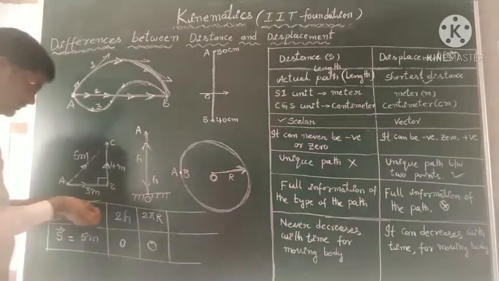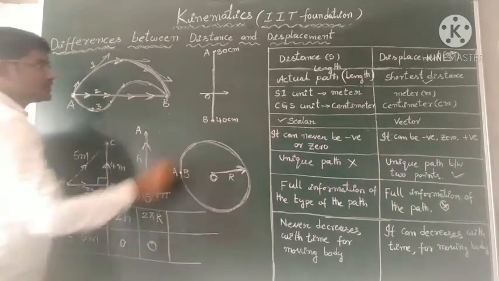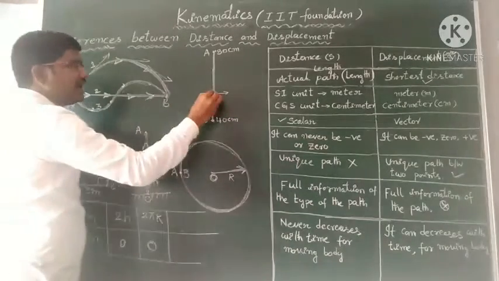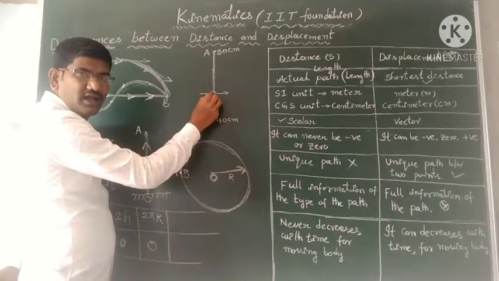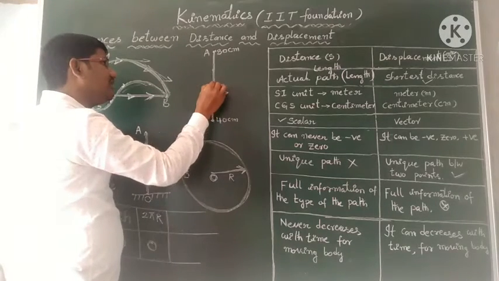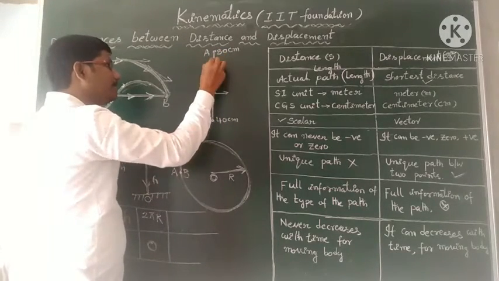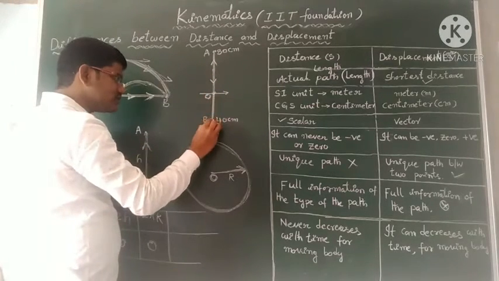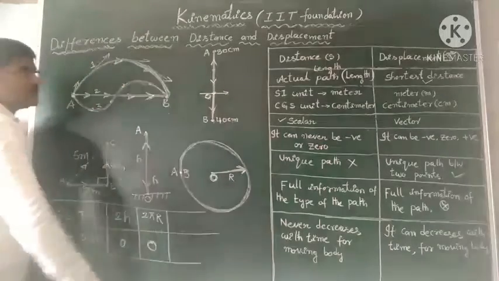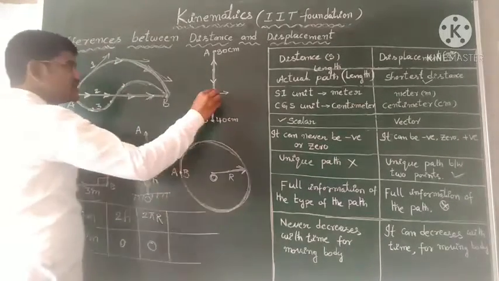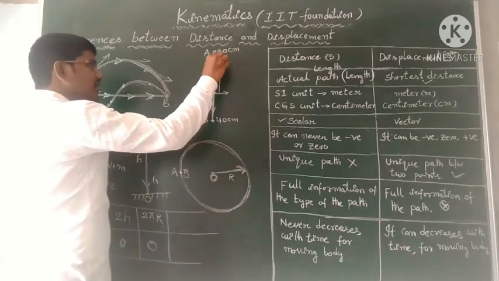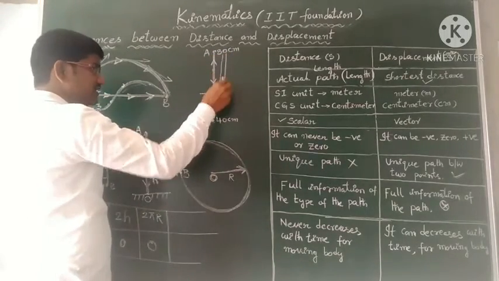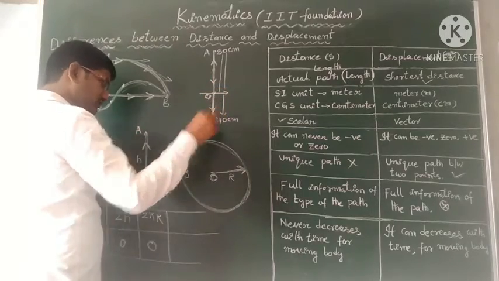And the next one you see, my dear students. This is the point O. A small ant is started here. It went 80 meters up and reached here, and again reached here. So in this situation you see the distance. Distance means 80 meters upward, 80 meters downward, 80 plus 80, and still 40 meters is covered down.